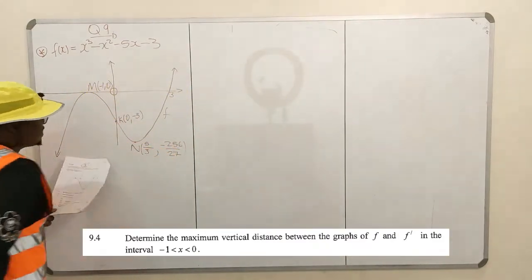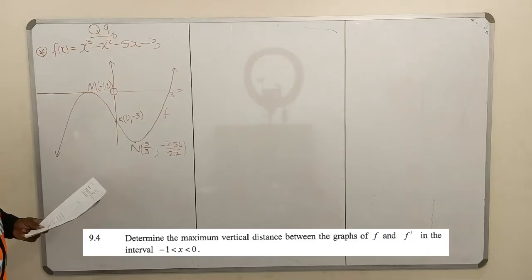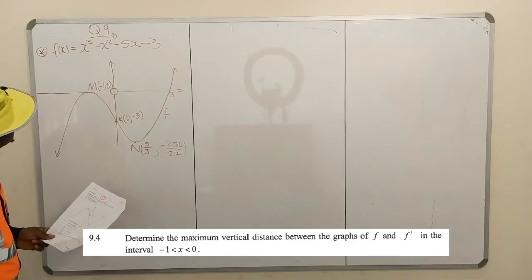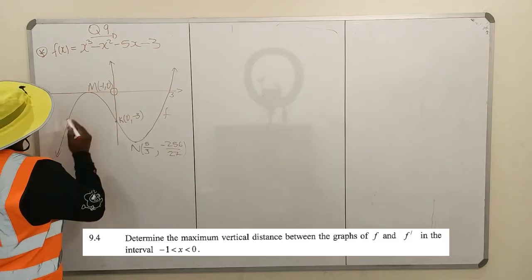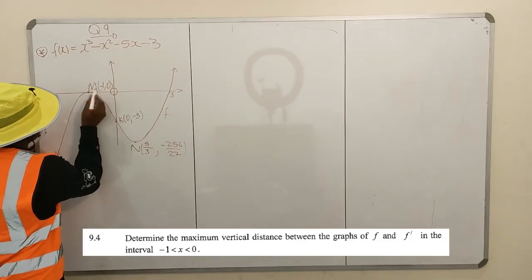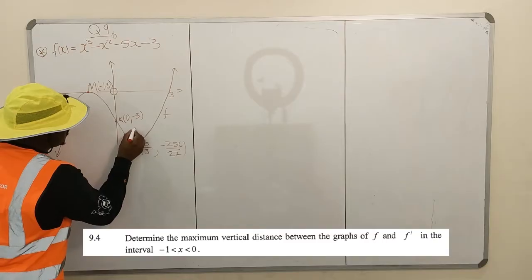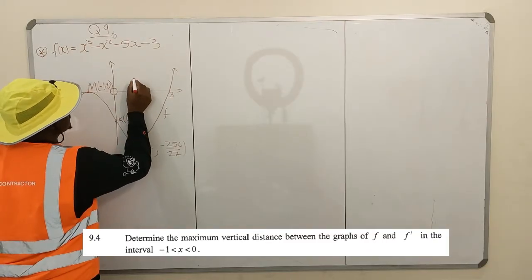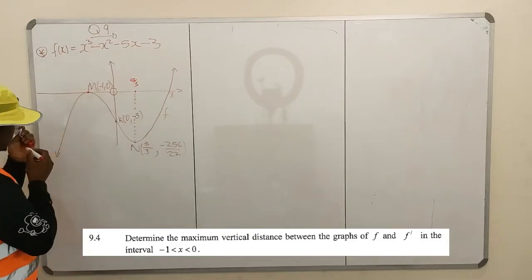So you know that here your x coordinate of the turning point is -1, right? And here your x coordinate of the turning point is 5 over 3, right?